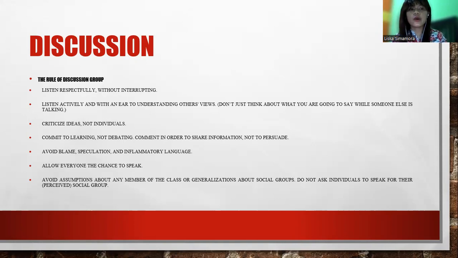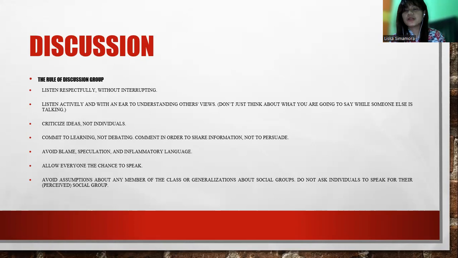And then allow everyone the chance to speak. It is quite the same with the first one, without interrupting. So just give people the chance to communicate their thoughts. The last one is avoid assumptions about any member of the class or generalization about social groups.